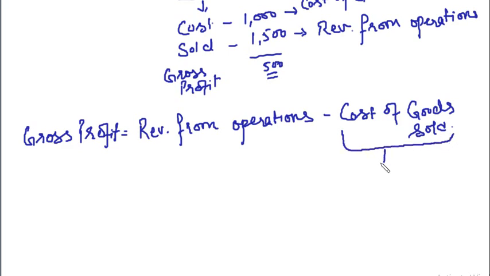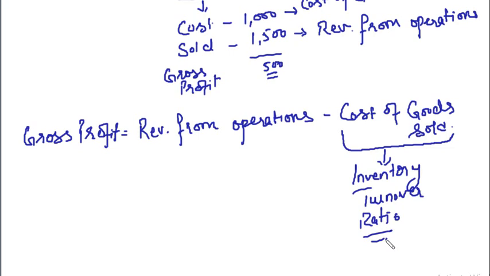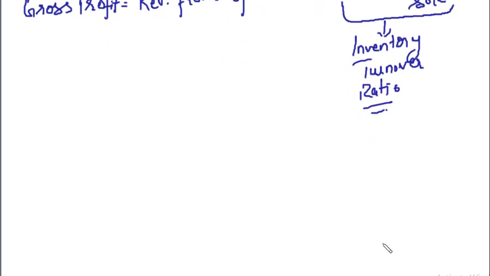This we have discussed in detail when we did inventory turnover ratio, right? We'll just repeat it once. What is cost of goods sold?